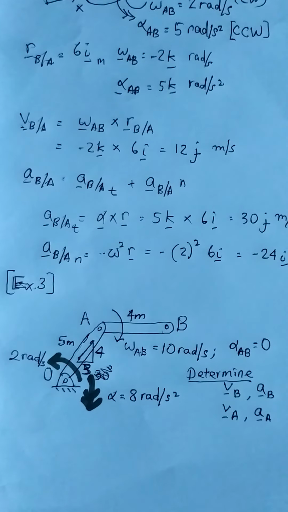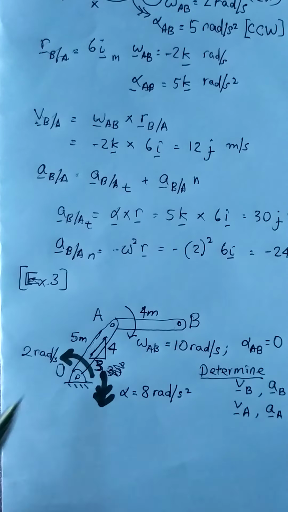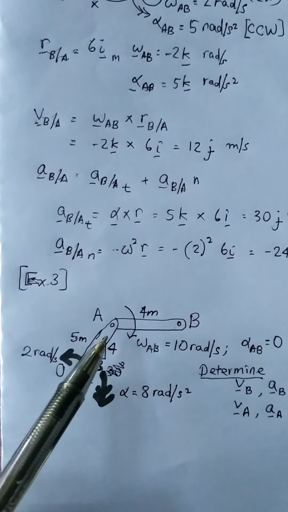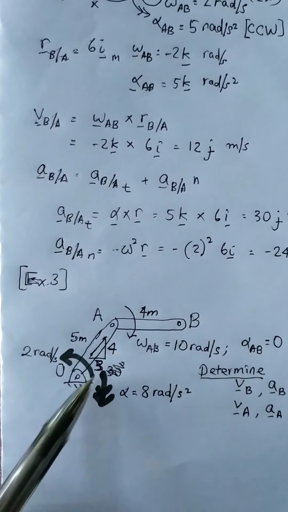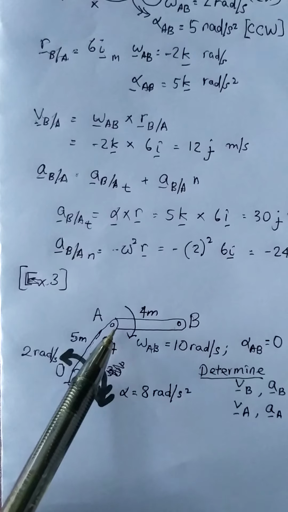This is a case where we combine the previous rotation about a fixed axis. OA is a rotation about a fixed axis. BA is not a fixed axis, because point A is moving, since it's on the link OA, so it can be a general motion.